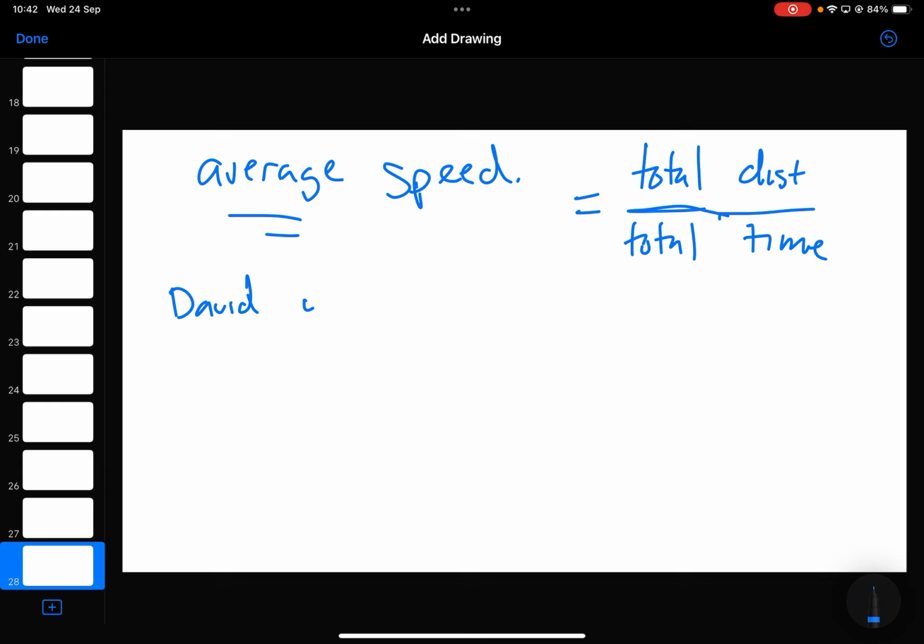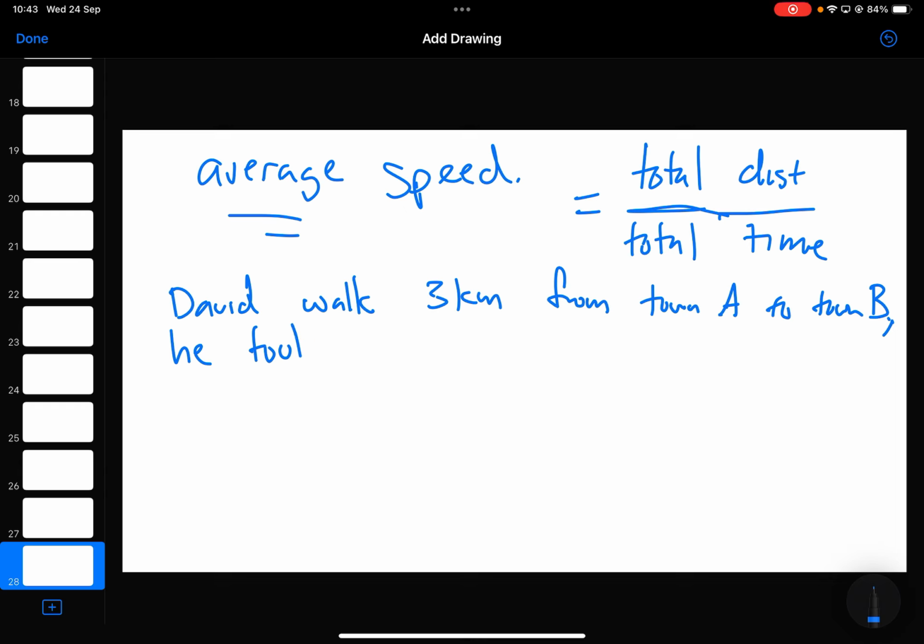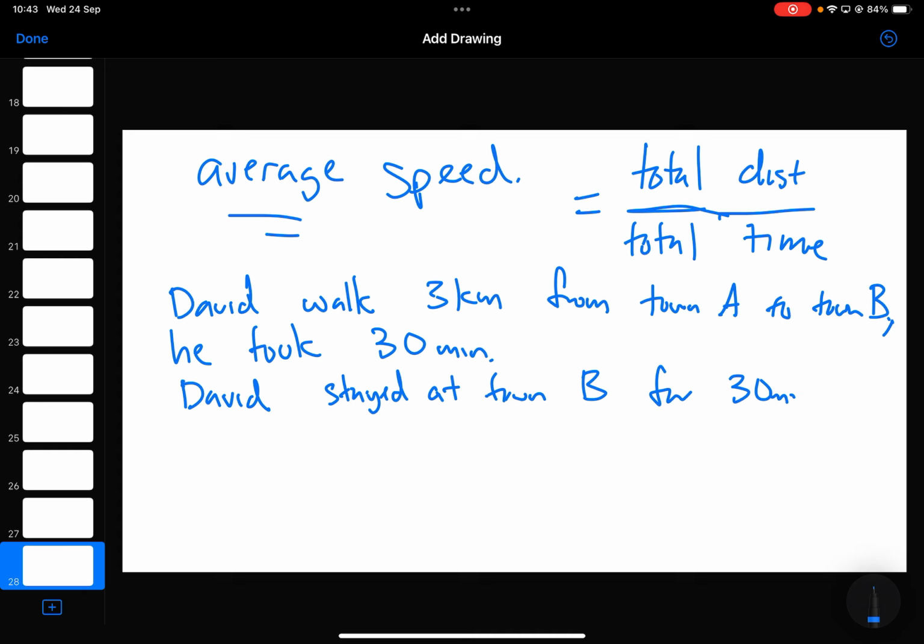David walked 3 kilometers from town A to town B. He took 30 minutes. Then David stayed at town B for 30 minutes.